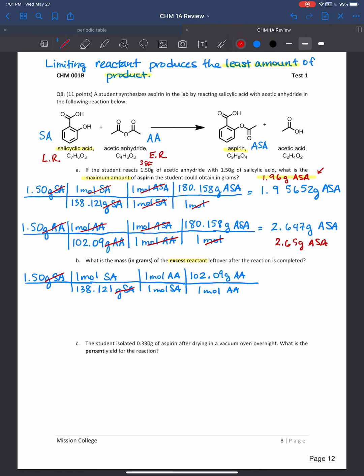And moles of acetic anhydride and salicylic acid, that all cancels out. And now we're in grams of acetic anhydride. And so this is how much acetic anhydride has reacted.